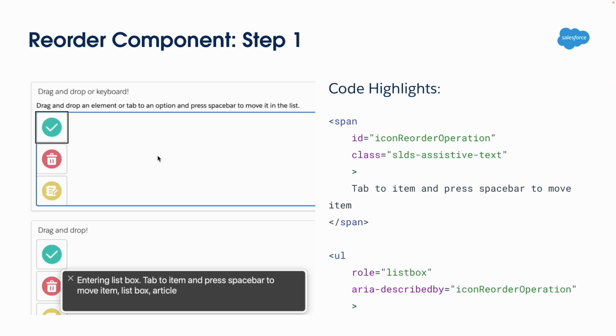Tab to item and press spacebar to move item. And that is tied to our unordered list again, which is our reorderable list of icons. And it has the role of list box, and it's described by this icon reorder operation in the span.